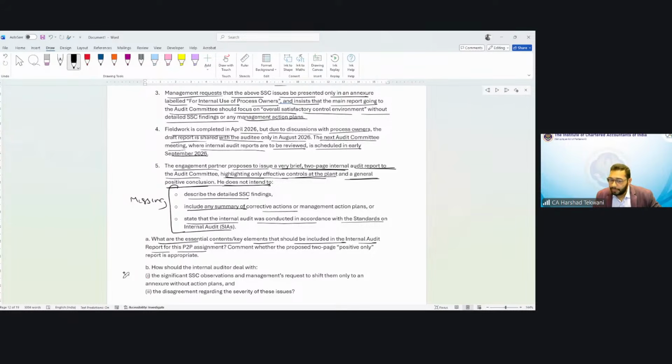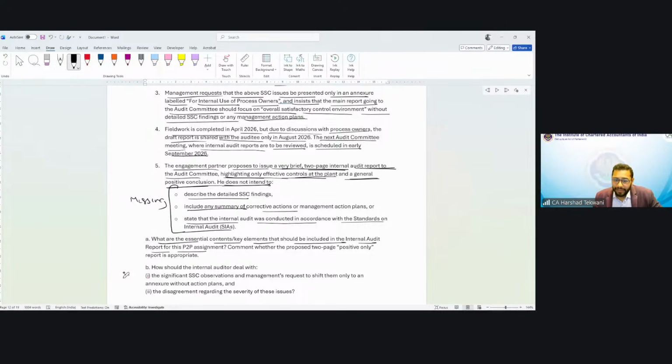Summary of corrective actions and finally assurance. So he is only highlighting effective controls at the plant and general positive conclusions. But internal audit has also identified issues at the SSC, which is not there. So you are not including the summary of corrective actions or findings, basically.